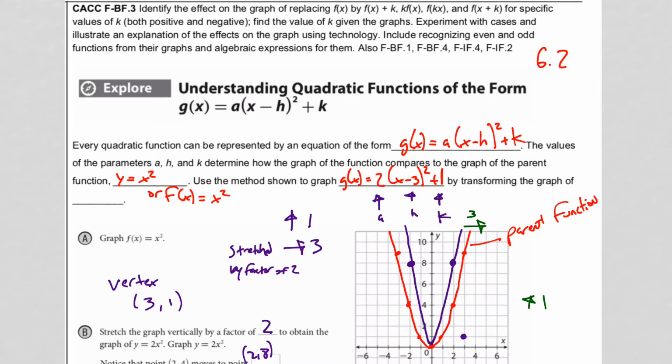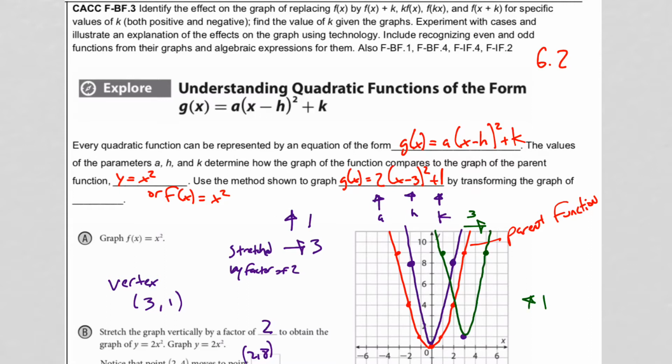So that the final graph winds up being something like this, and it's been shifted.